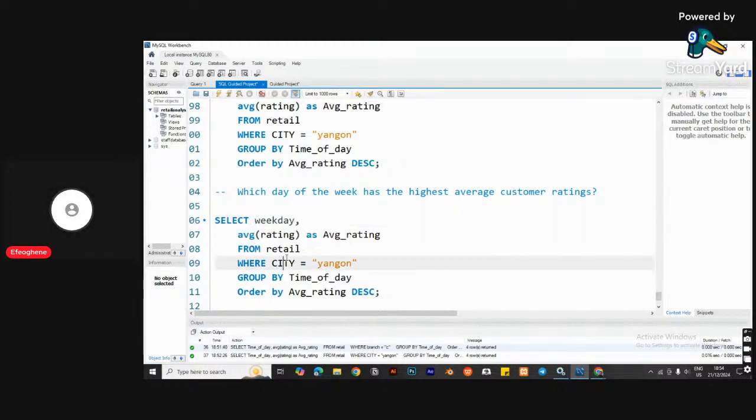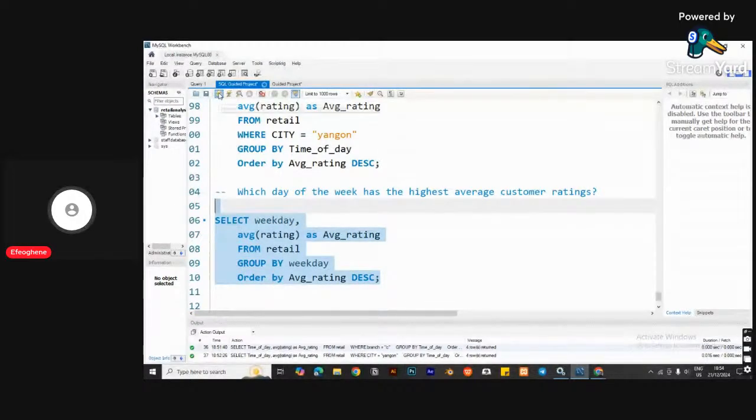So we're still making use of these queries. So we'll get rid of this which day. So we say group by weekday, order by average rating, descending. All right. So which weekday?